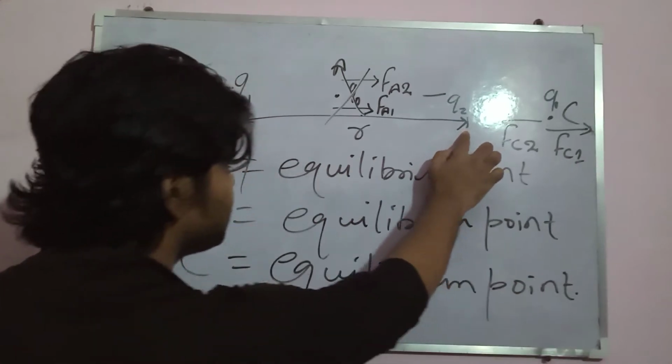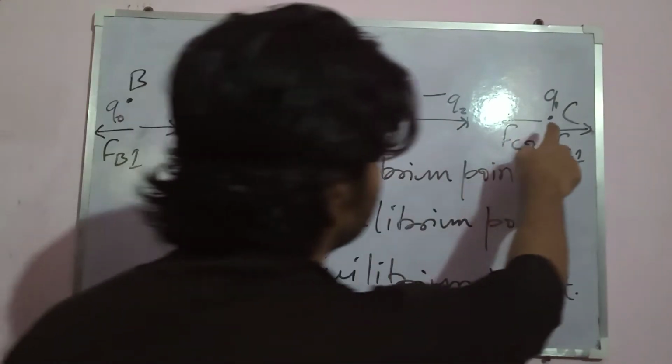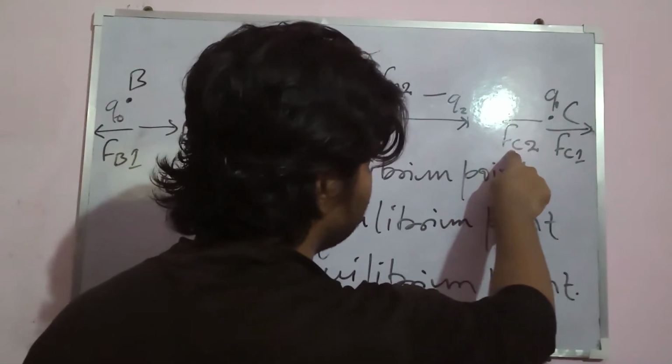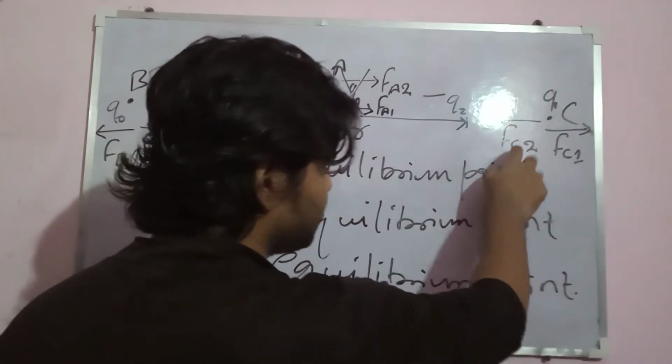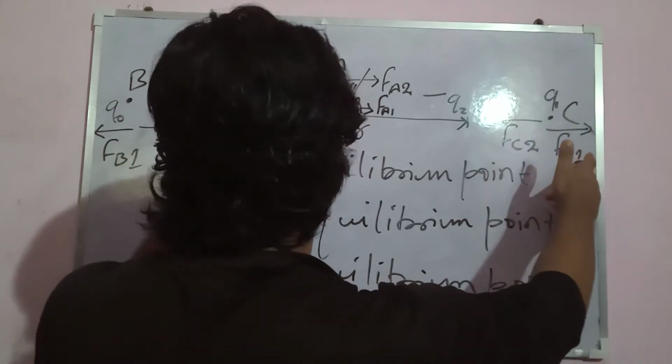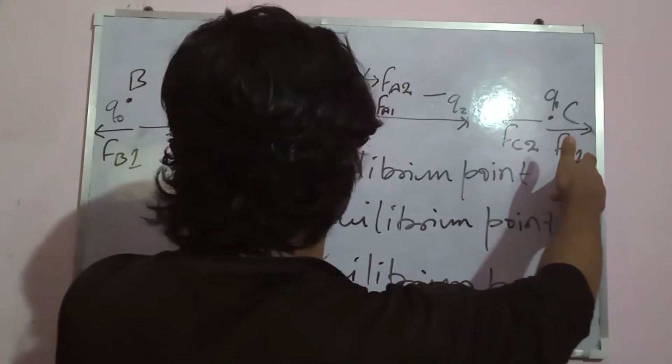Similarly, if Q2 is greater than Q1, then C will not be an equilibrium point, because the force applied by Q2 over Q0, that is FC2, must be greater than FC1, since the distance is greater here.